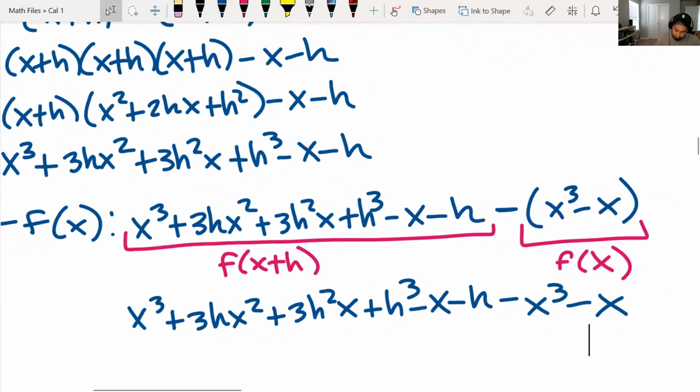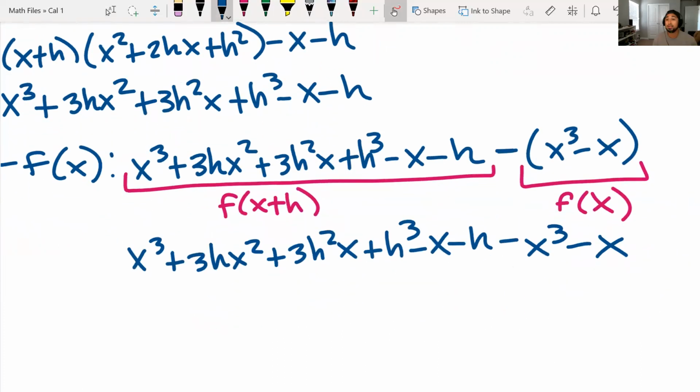Okay? Now we see that after we distribute the negative, we'll have some terms that cancel. x cubed and x cubed, gone, gone. Oh yeah, see? And don't mess up your signs. This should be positive. And then negative x, positive x, cancel, cancel.